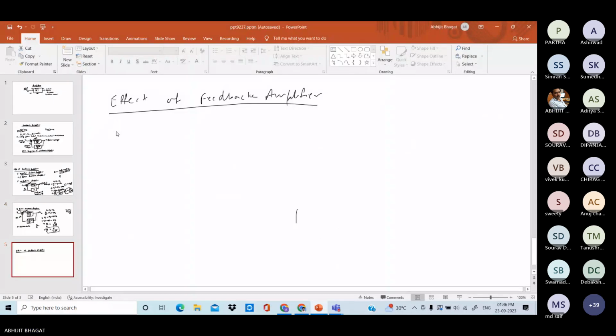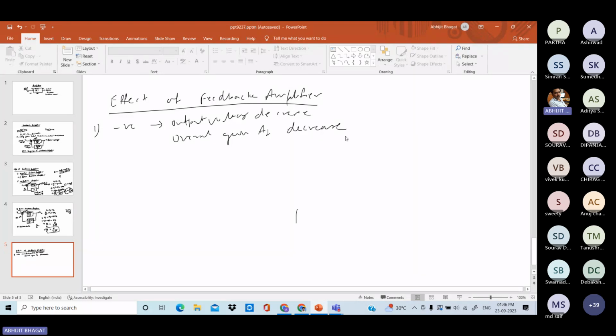So first, by using the negative feedback, your output voltage decreases. In case of negative feedback amplifier, output voltage decreases. Same, your overall gain or AF also decreases.